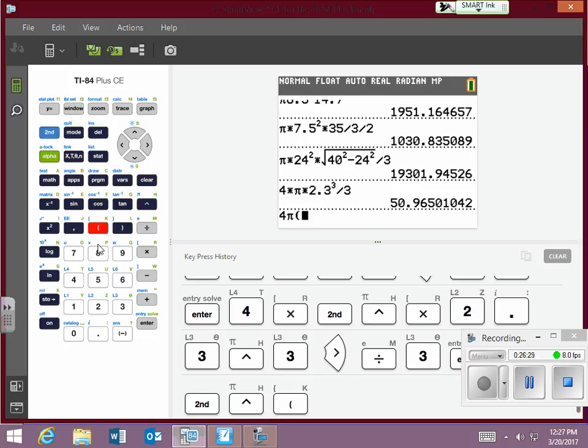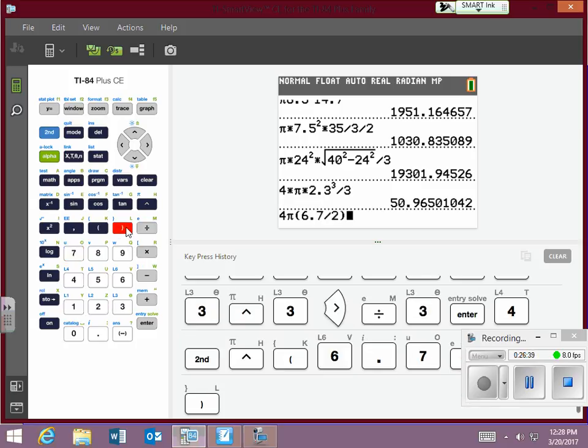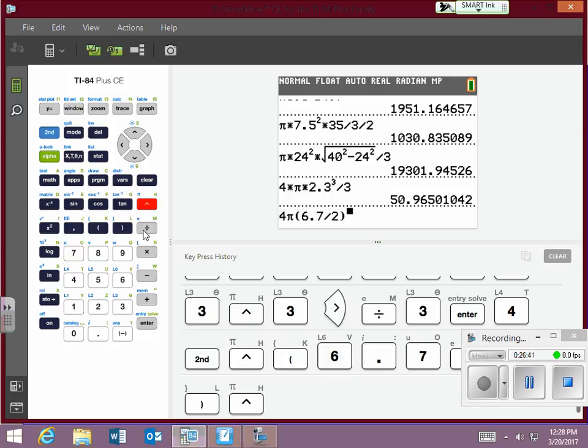Gotta put a bracket. 6.7 divided by 2 raised to the third power, and then I can just divide that by 3.